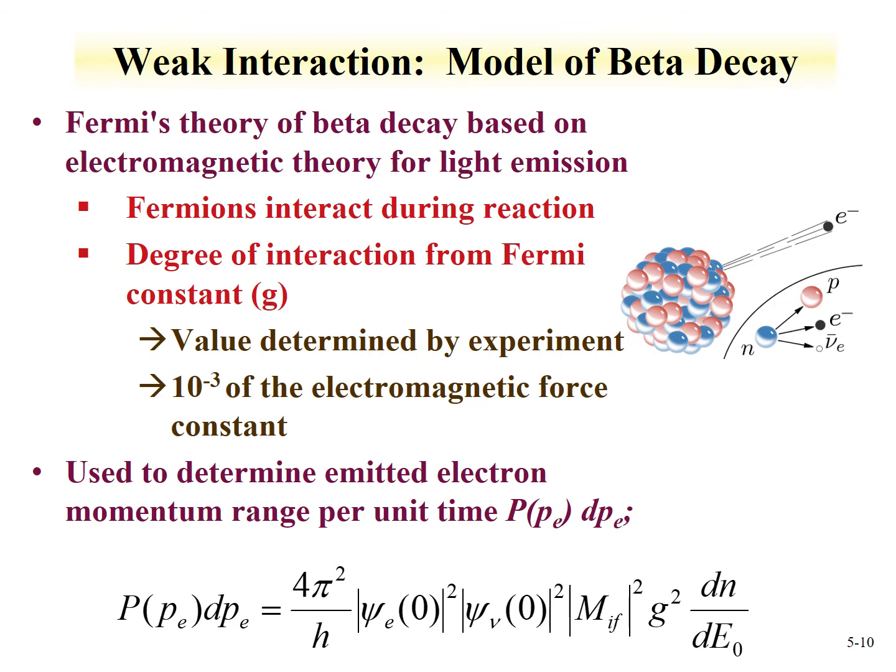This Fermi constant, G, is determined by experiment. It's about 10 to the minus 3 of the electromagnetic force. And it plugs into an equation which is used to determine the emitted electron momentum range per unit time. This winds up being spectral information. So we can get information about the decay spectra of electrons from this term, and we'll describe this equation.